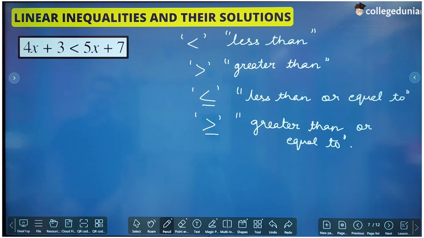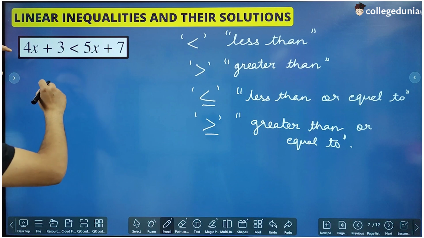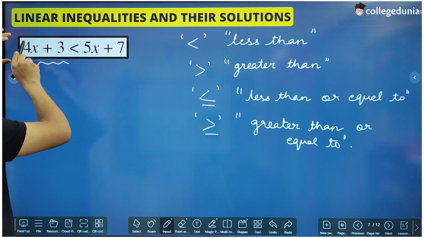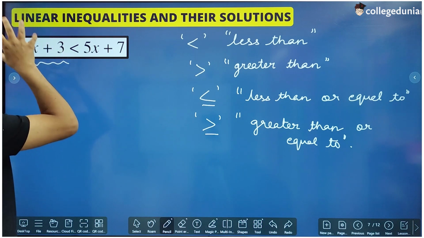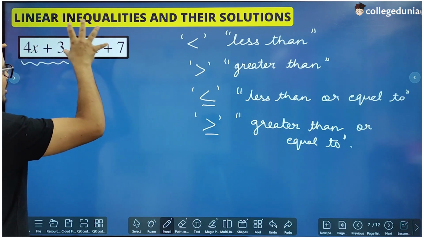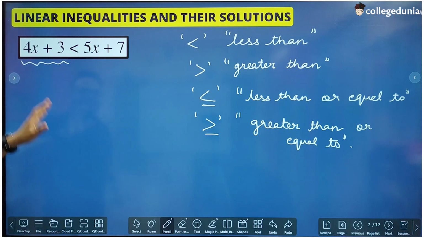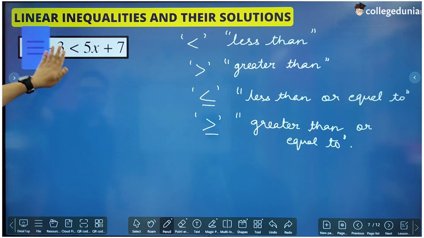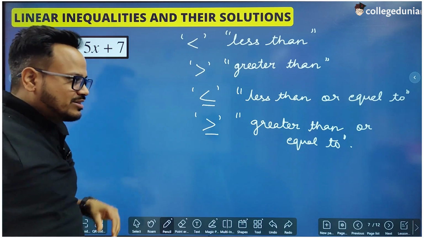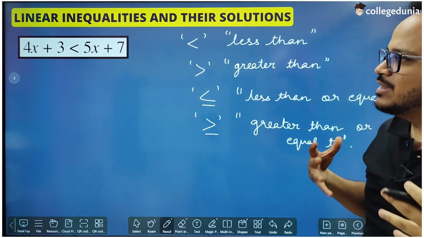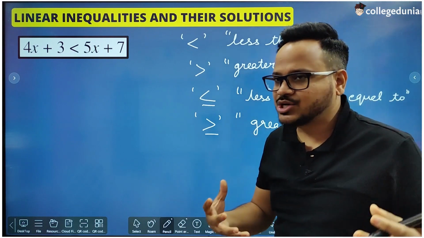And what are those values? Those values of x which, when substituted here in place of x, will give you a value which is less than the right hand side of this inequality. Okay, what is the meaning? First we will solve this. And what is the method of solving? The method of solving is just as simple as the method of solving an equation.